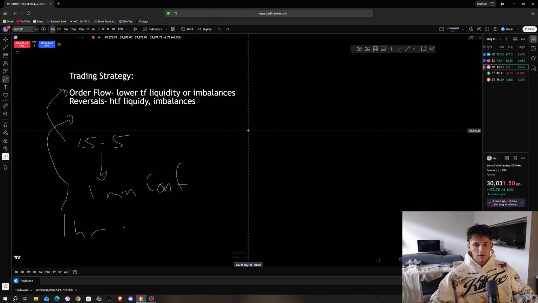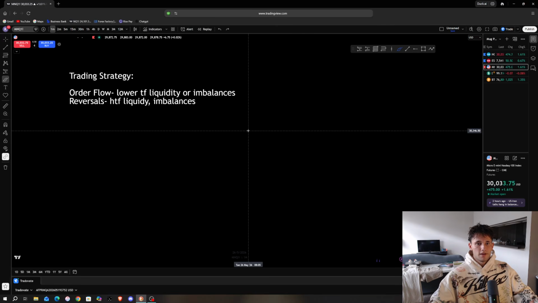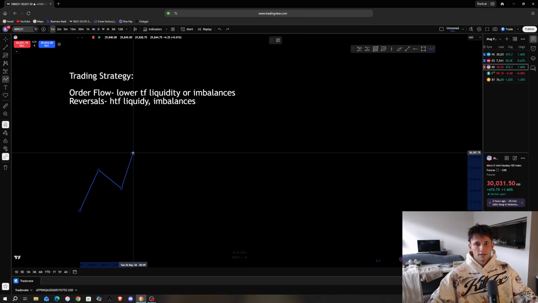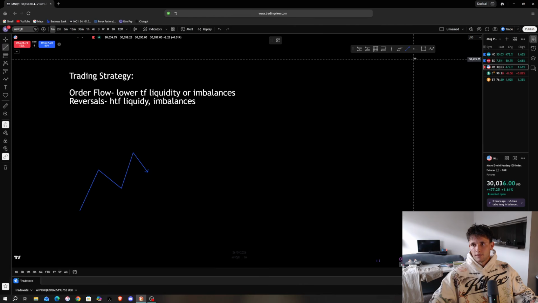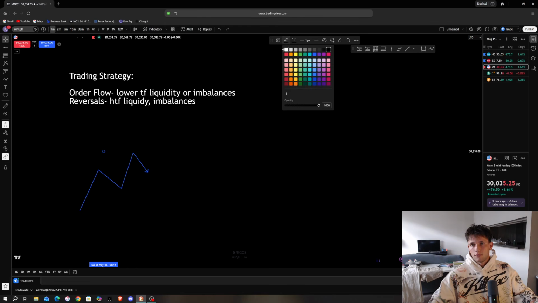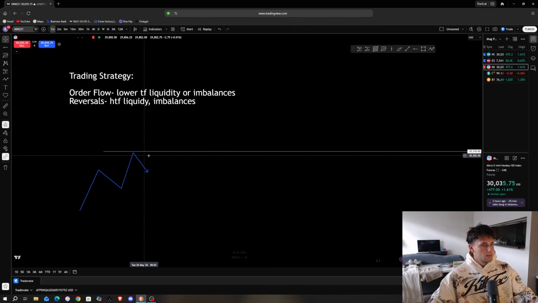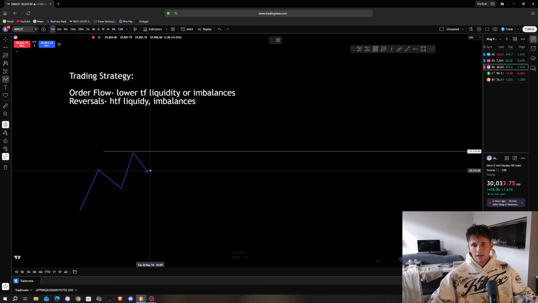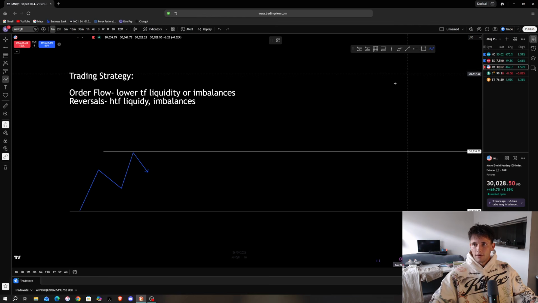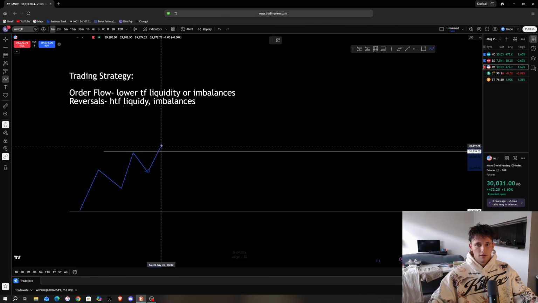So, Caden, what do you mean by imbalances or liquidity? What do you mean by this? So, if you haven't studied that yet, I'm just going to give you a little simple rundown of that. Liquidity rests above highs, so there would be liquidity up here. There would be liquidity above this high, and basically I'd wait if this was my DOL, my draw on liquidity that I wanted down here, this low, let's say it's a London low, I would then wait for price to take liquidity, and I need it to show me that orders were filled.